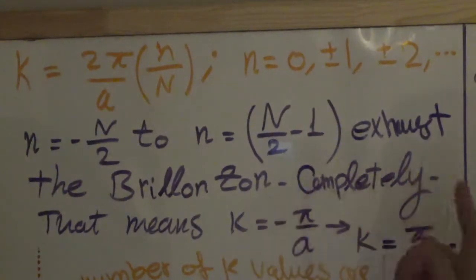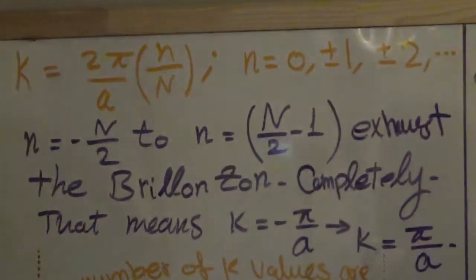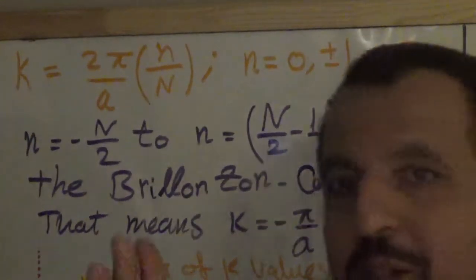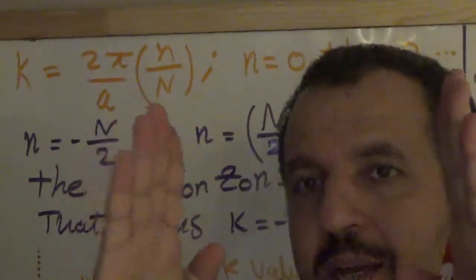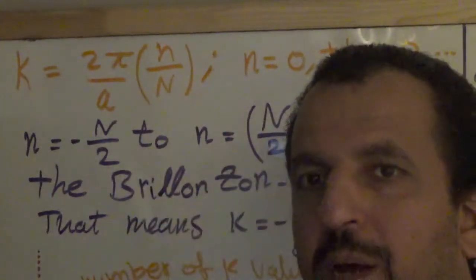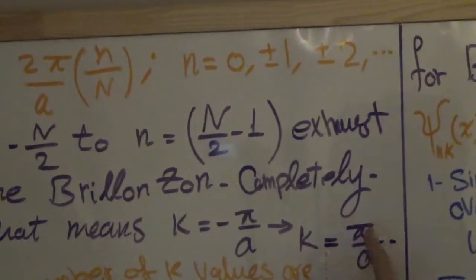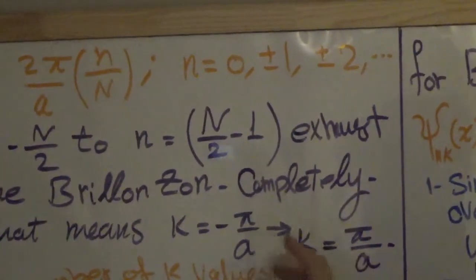Completely the Brillouin zone. And that Brillouin zone will be determined by two k numbers, which are minus pi over a and pi over a.